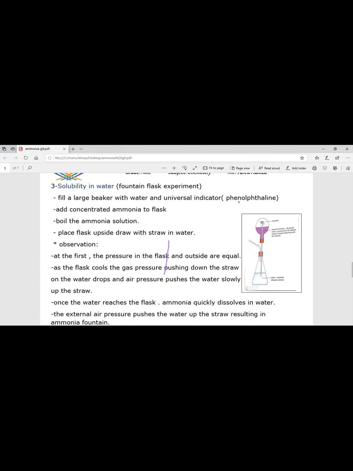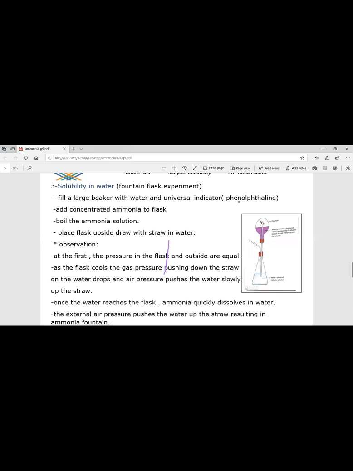The pressure inside the flask equals the pressure outside the flask. Why? Because all the ammonia gas occupies the whole flask. There is no space here. After the gas cools inside the flask, this gives space for the drop of water to go up.